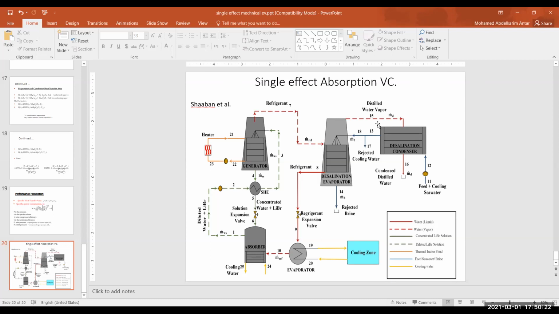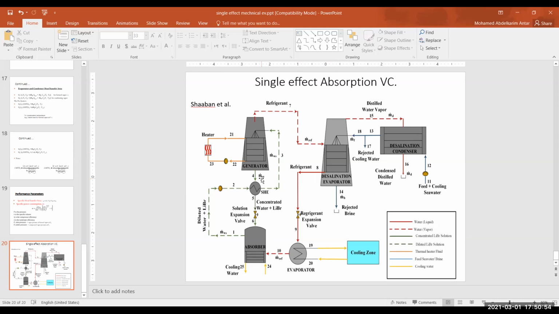So what you do, you combine an absorption system, which is basically made up of an absorber and a generator, some heat exchanger, and this unit is to be attached to a water desalination system. The absorber unit here is going to help us for the single effect mechanical vapor compression system.